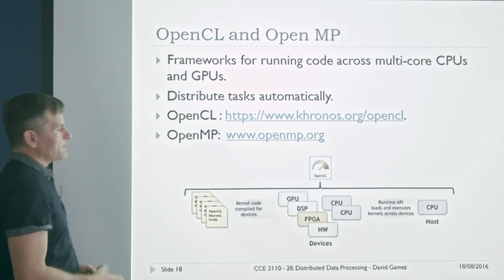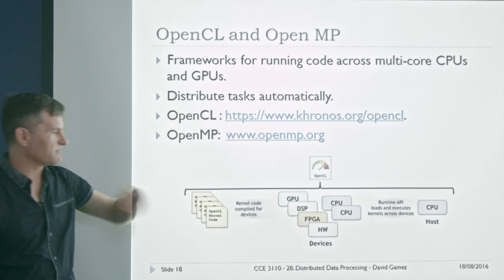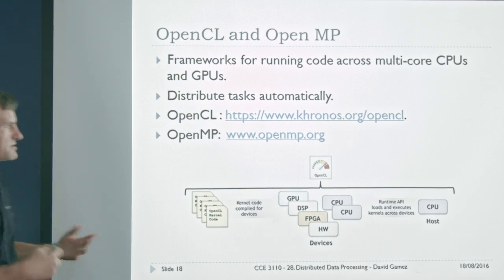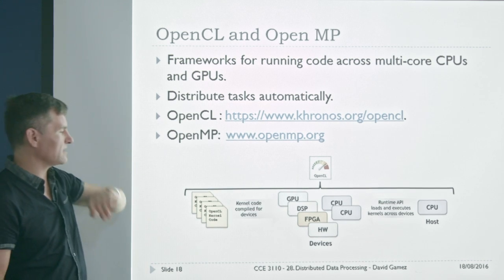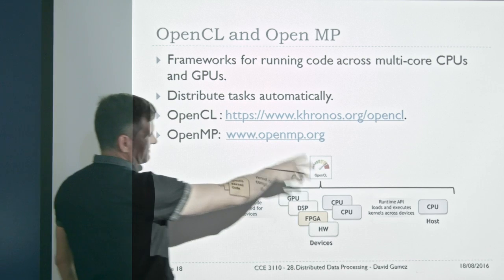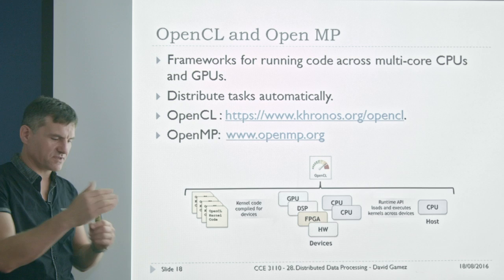We've also got software libraries that can be used to run code across multi-core CPUs and GPUs, and possibly across FPGAs, which are special hardware boards. They'll distribute the tasks automatically for you. These are like OpenCL and OpenMP. I haven't used these, except very briefly, but I think the idea is that you mark the bits of code that run in parallel.